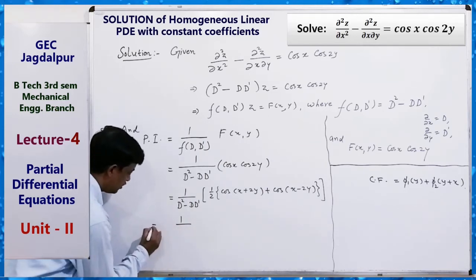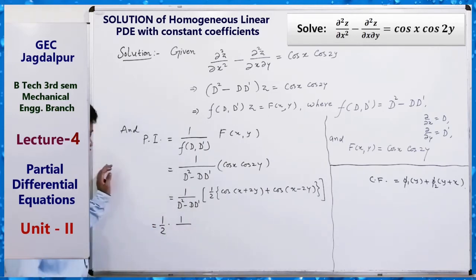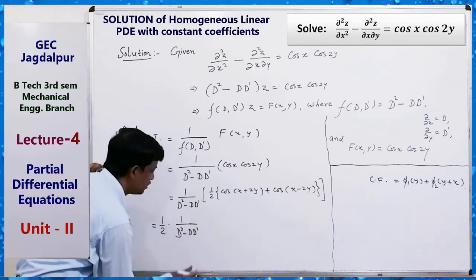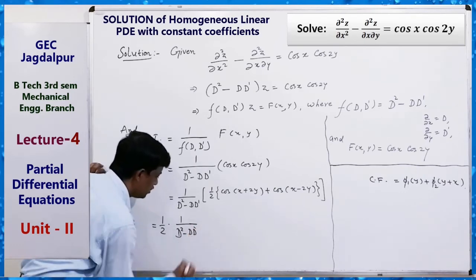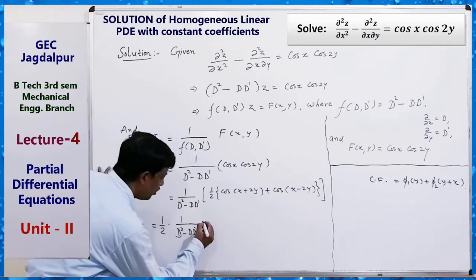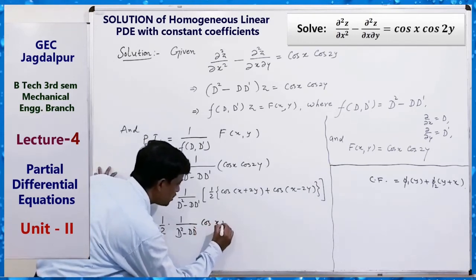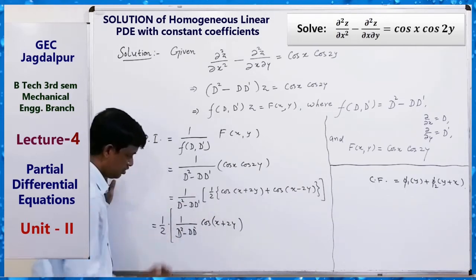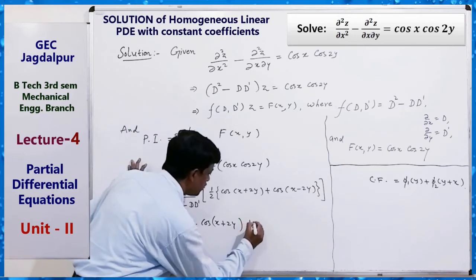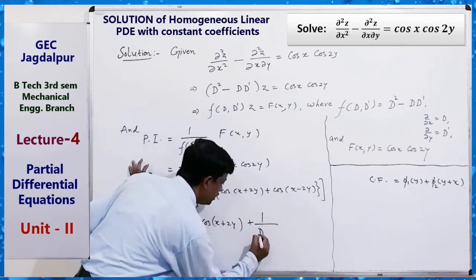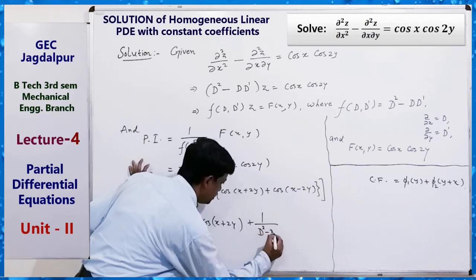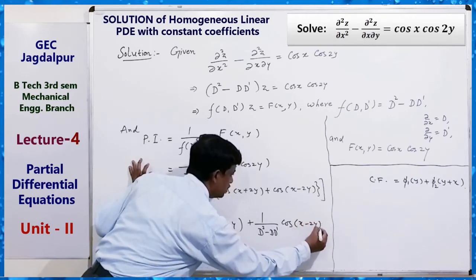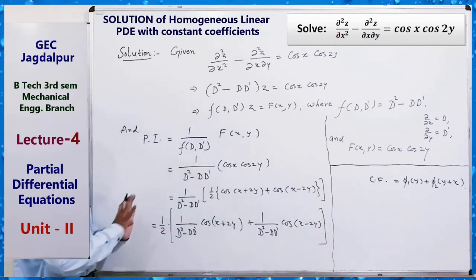Here 1 upon 2, 1 upon D square minus DD dash of cos x plus 2y, the first part, with 1 by 2 outside, plus 1 upon D square minus DD dash of cos x minus 2y. Just distribute over two parts.